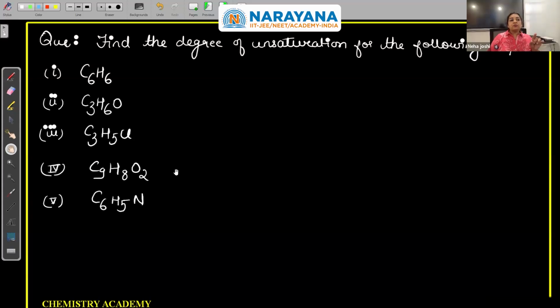Let me repeat. The number of moles of hydrogen molecules required by 1 mole of a given compound to be converted to a fully saturated open chain structure is known as the degree of unsaturation of that compound. Absolutely clear now? So degree of unsaturation is a mathematical condition.